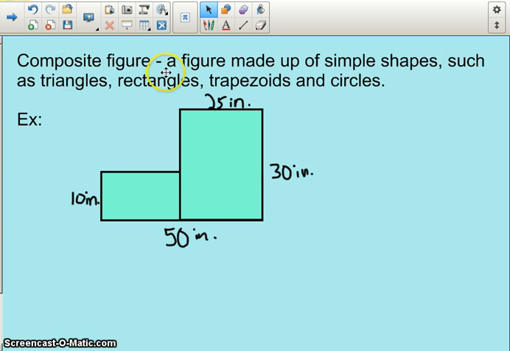Here's your formal definition of a composite figure, and I think we're going to jump right into the first example. Usually this line's not going to be here, so imagine it's not there. It looks like two rectangles making up one figure.